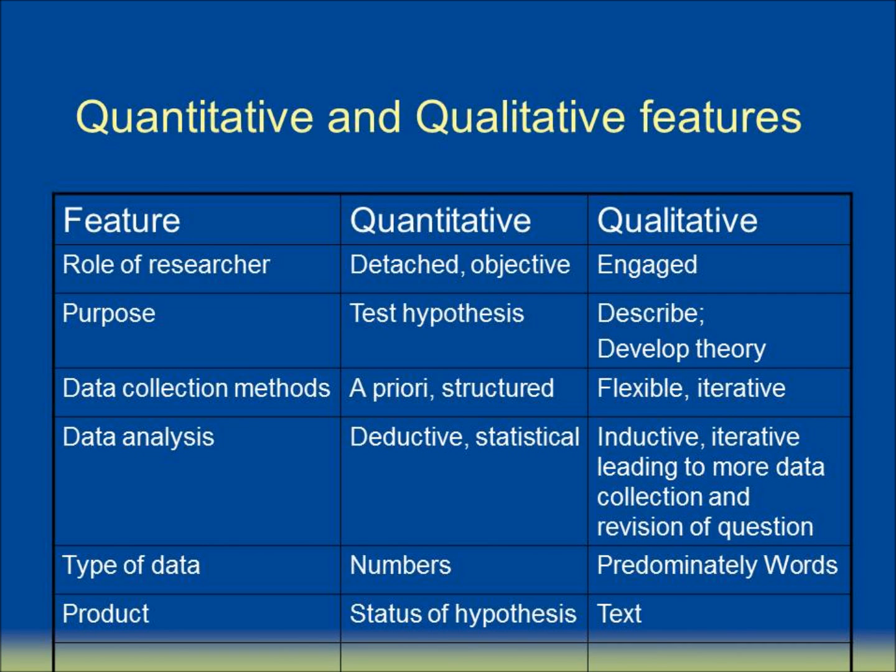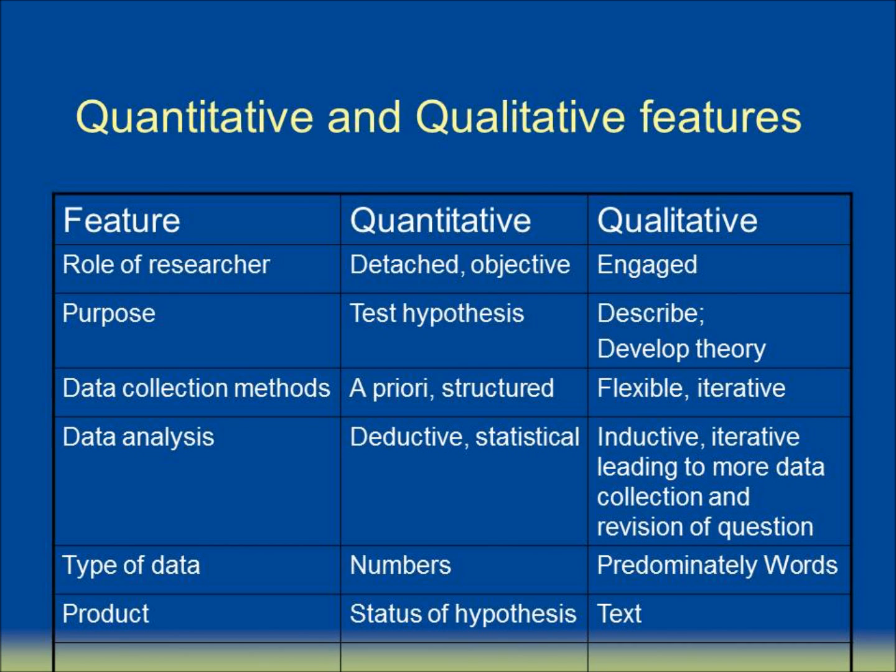So what we're looking at here is a contrast between quantitative analyses and qualitative analyses. And what are in each of these rows are just different key aspects of how you conduct research. And what's highlighted here are just a few elements, but the role of the researcher for quantitative analyses tends to be detached and objective as possible.